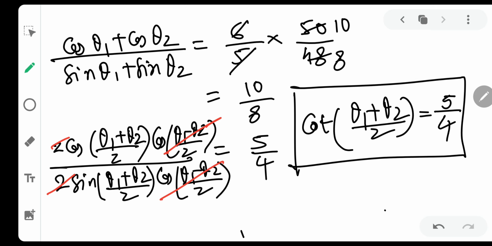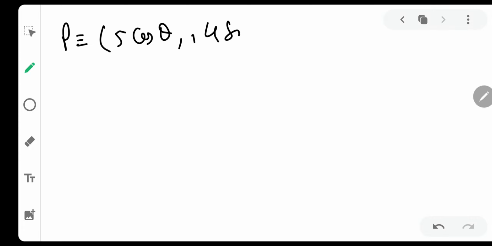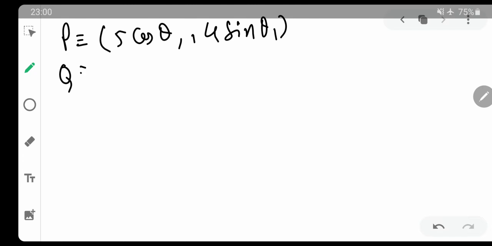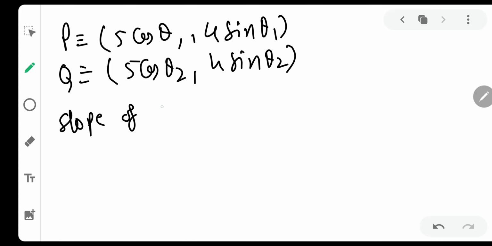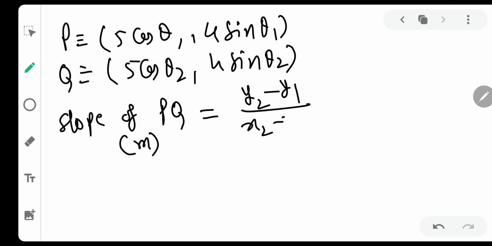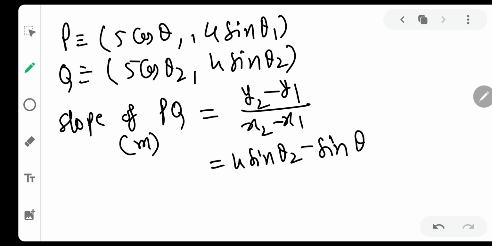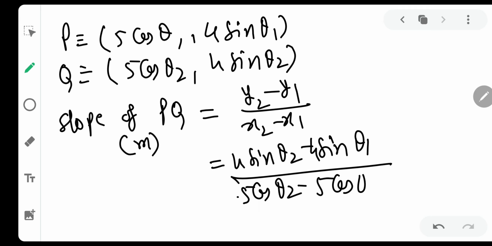Very nice. Okay, now let us calculate the slope of PQ. So P is given to be (5 cos theta 1, 4 sin theta 1), and Q is coming out to be (5 cos theta 2, 4 sin theta 2). So slope of PQ, which is nothing but M, can be written as y2 minus y1 upon x2 minus x1, right? So y2 is 4 sin theta 2 minus 4 sin theta 1 upon 5 cos theta 2 minus 5 cos theta 1.